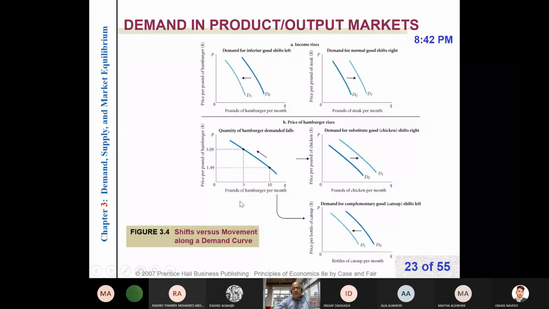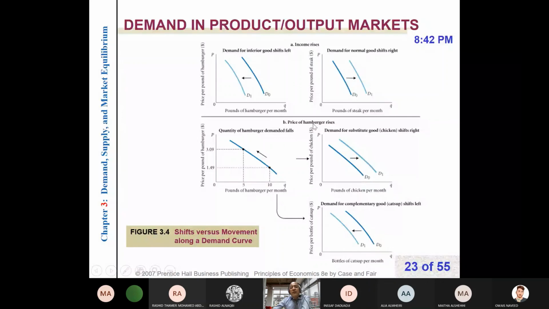Another example, this demand curve for meat hamburger. Assume the price per piece of hamburger increases. Since the price in question increased, there will be a decrease in quantity demanded or a movement along the demand curve.